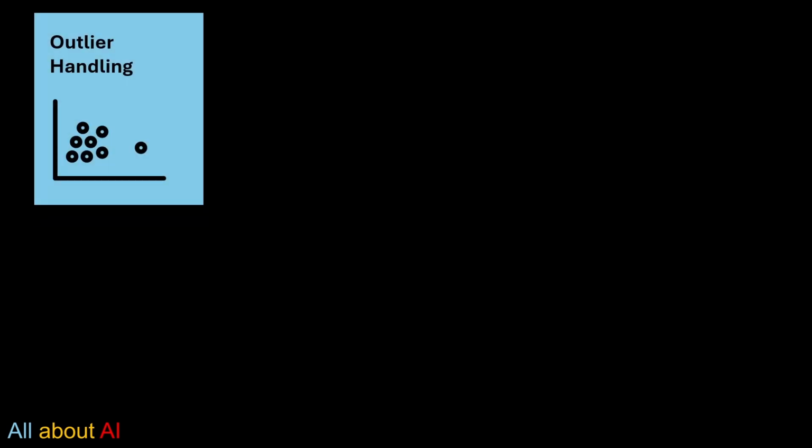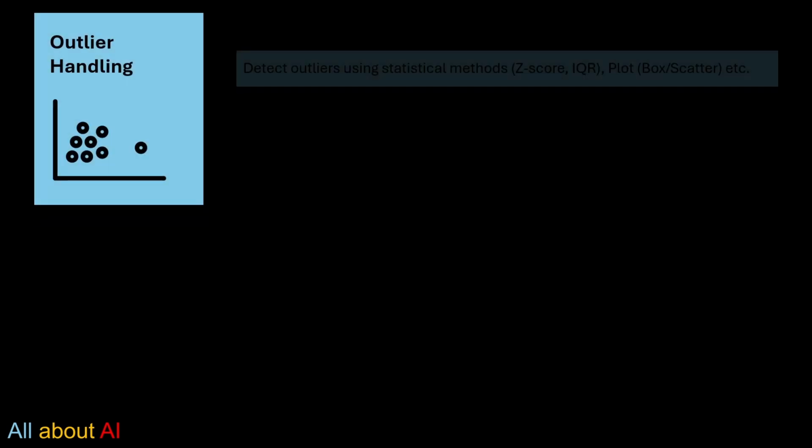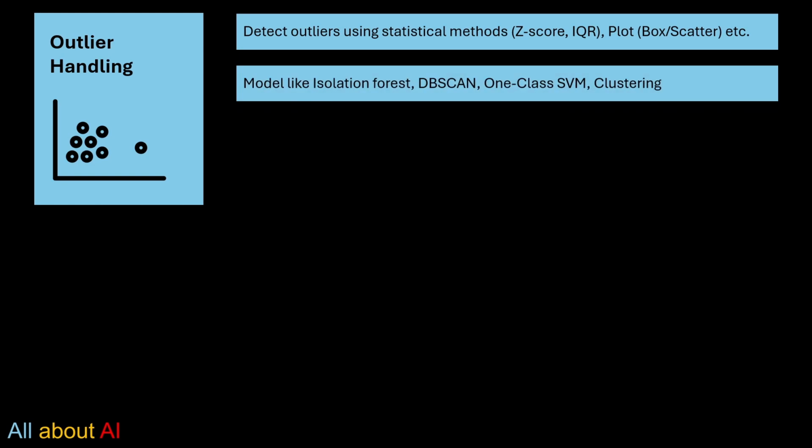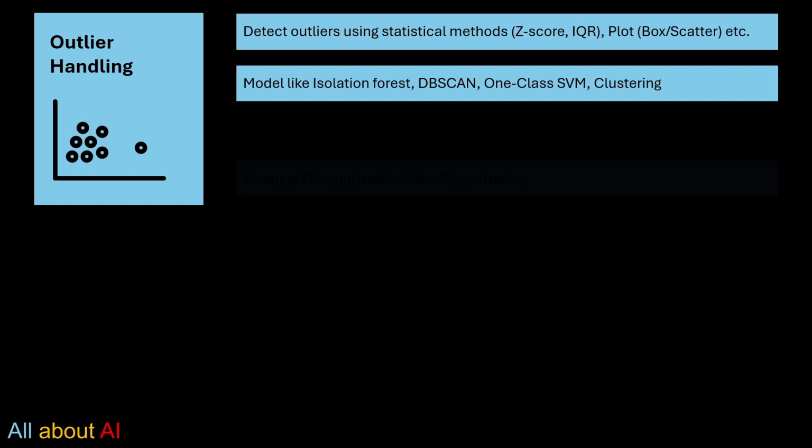Next step is outlier handling. In outlier handling, we will detect outliers using statistical methods like Z-score, IQR or interquartile range, or some kind of plot like a box plot or scatter plot. We may also use models like isolation forest, DBSCAN, one-class SVM, or clustering, which help to find outliers.